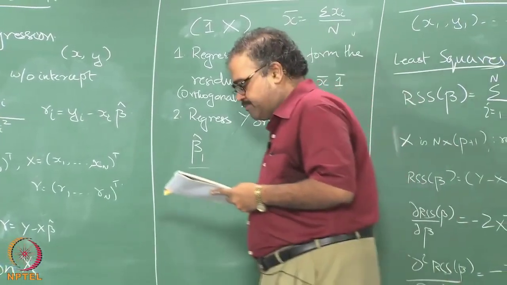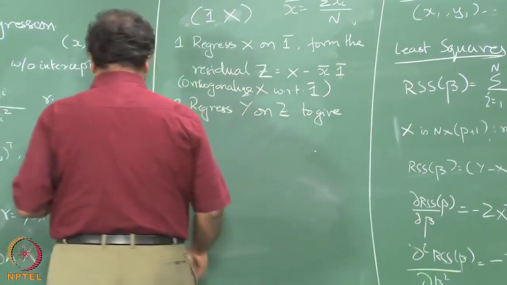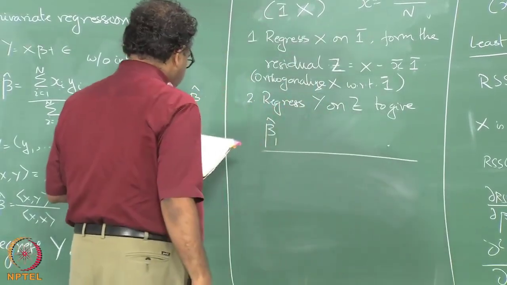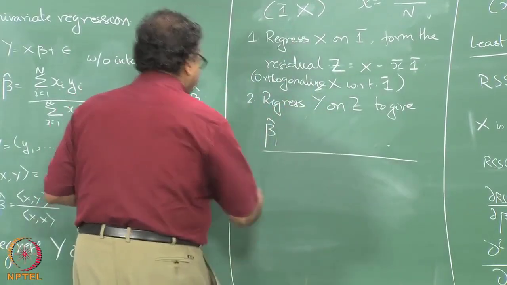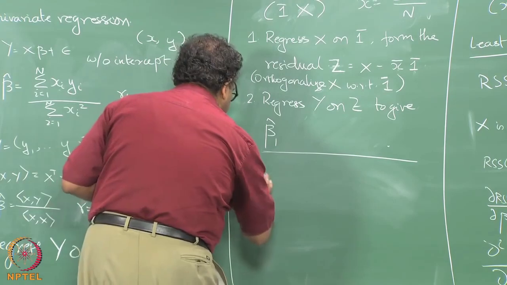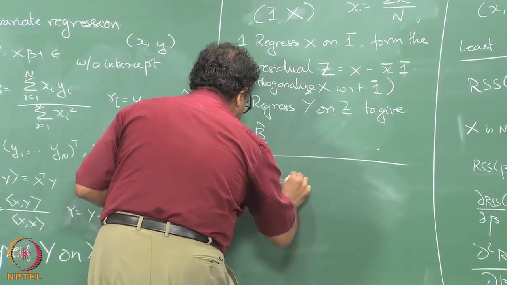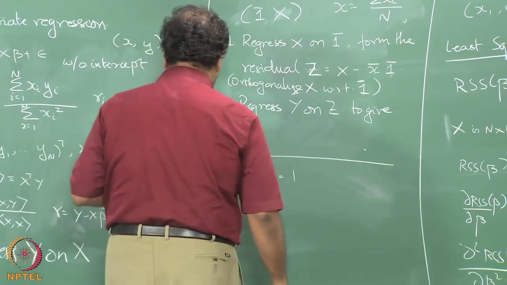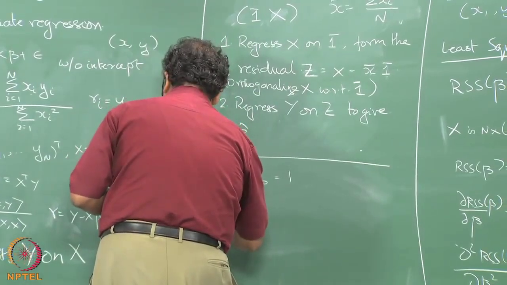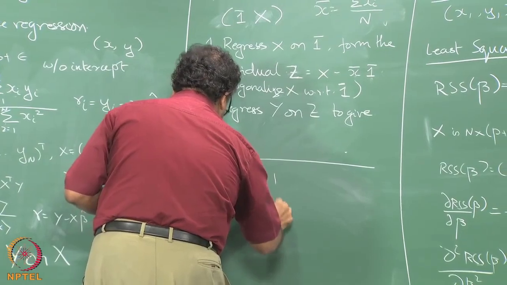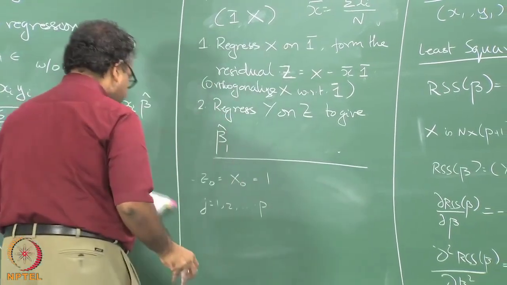We can generalize this to p dimensions. So what will you get? Okay, let me finish up quickly. So j runs from 1 to p.